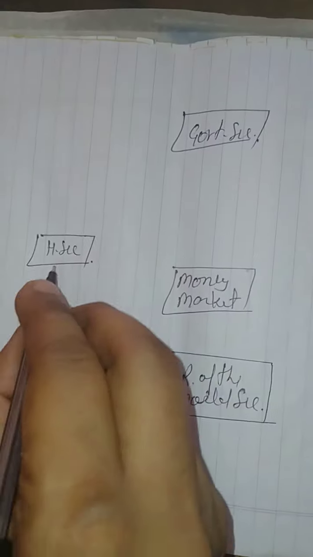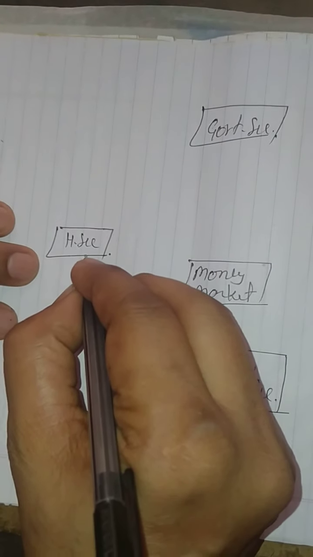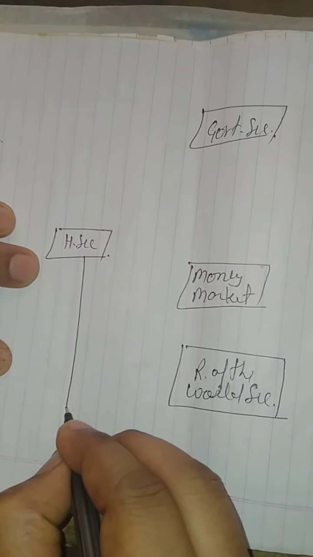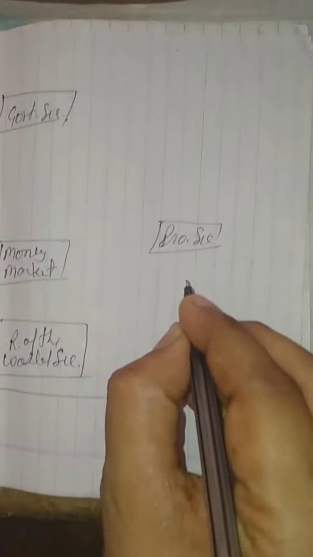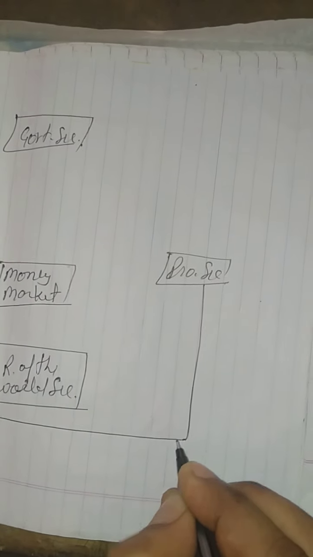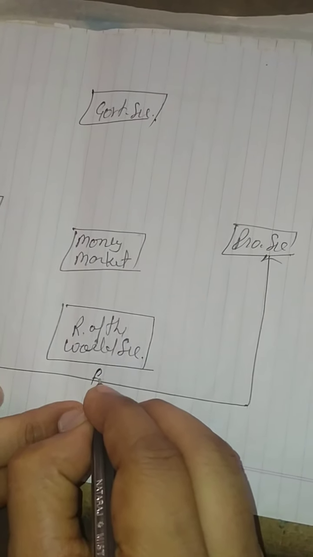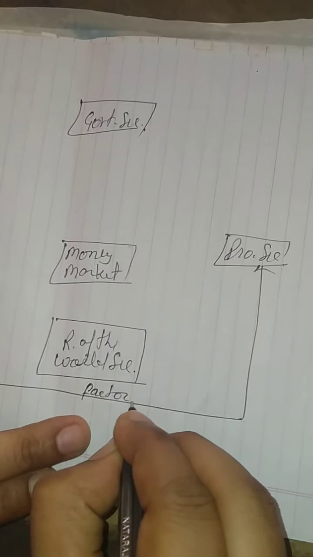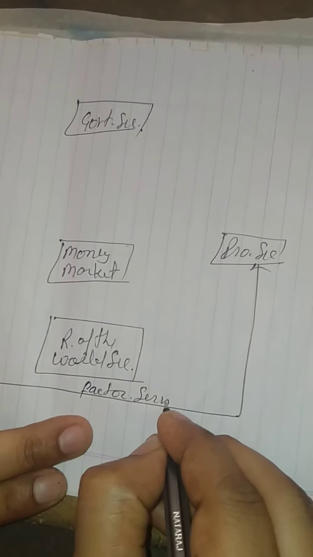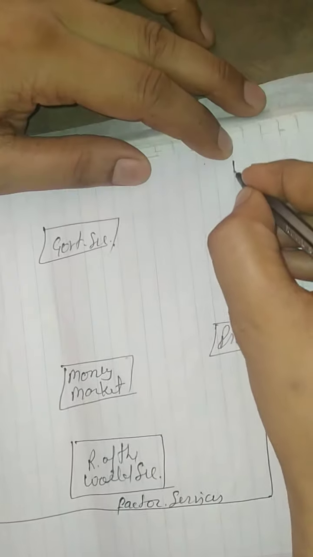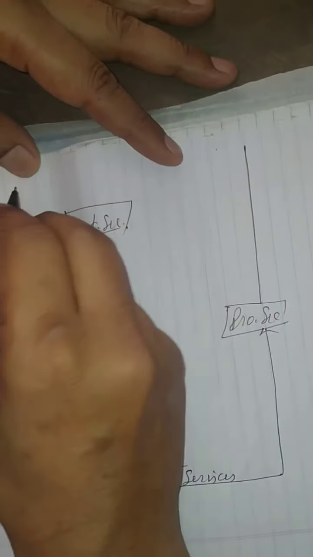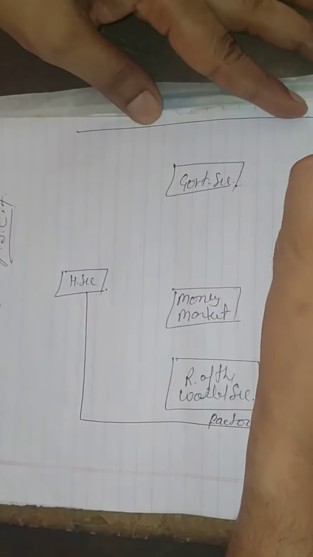So dear students, household sector provided factor service to production sector. Production sector paid factor payment to household sector.